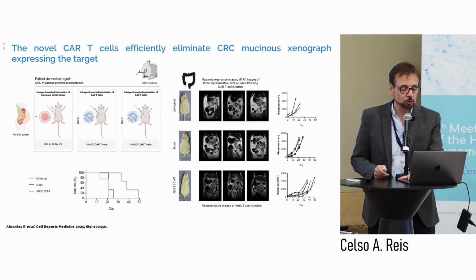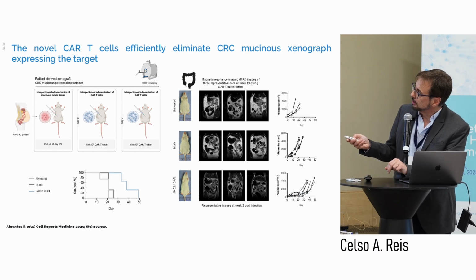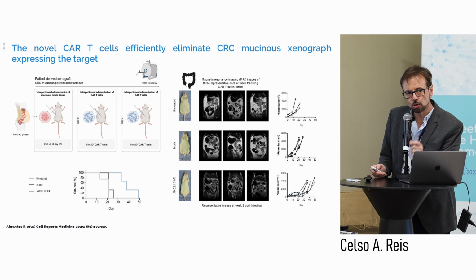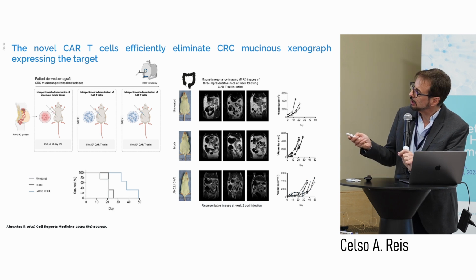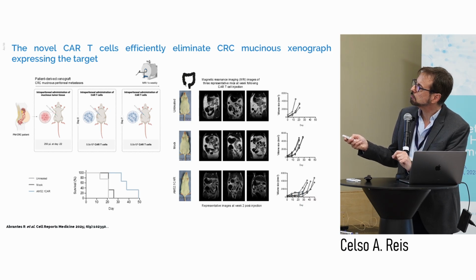Finally, we also analyzed another mice model in which we xenografted a patient-derived sample of mucinous colorectal tumor directly into the mouse, and the mouse was treated with intraperitoneal CAR T targeting CLOTN.